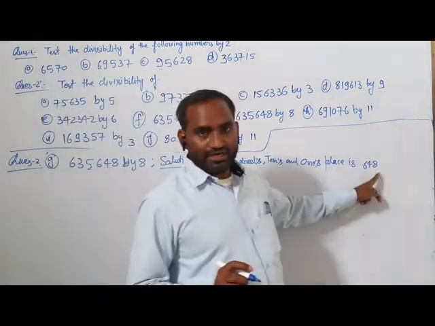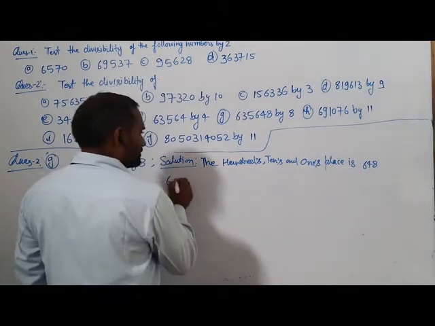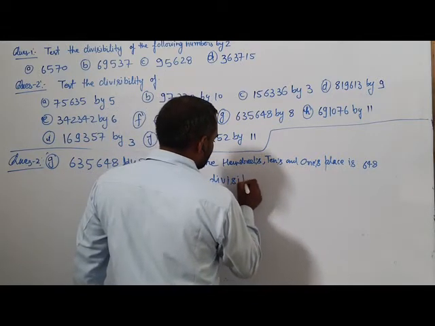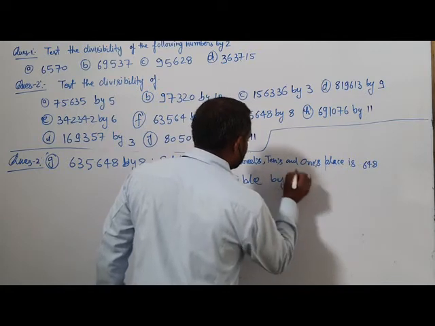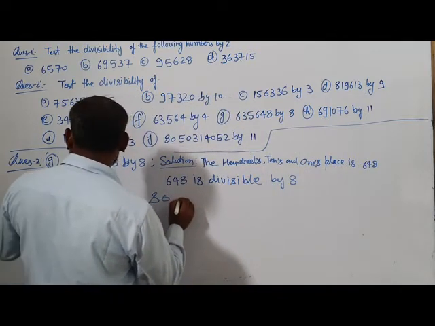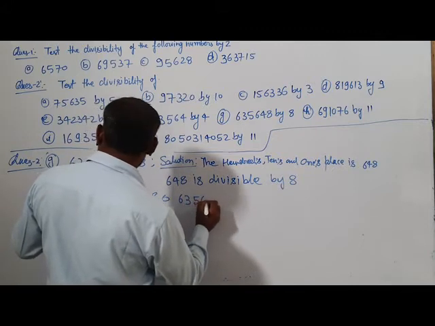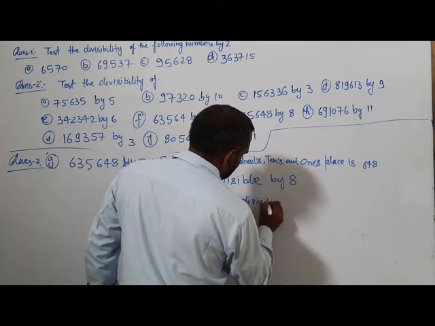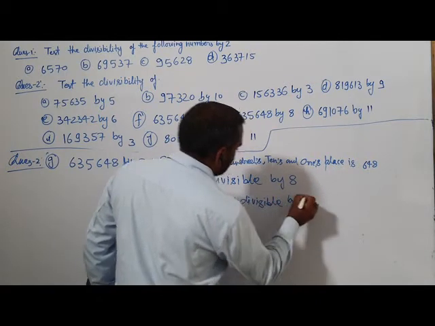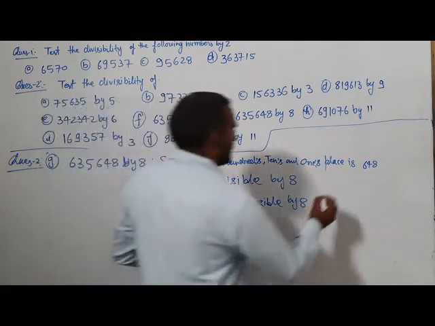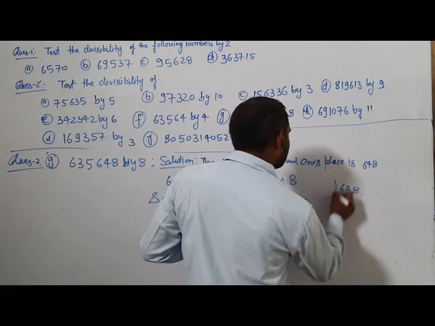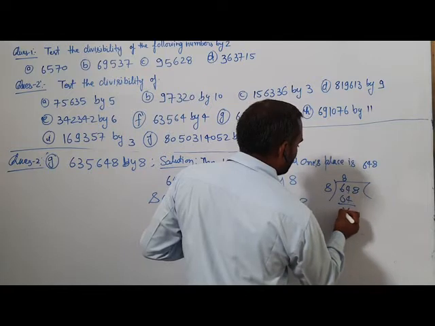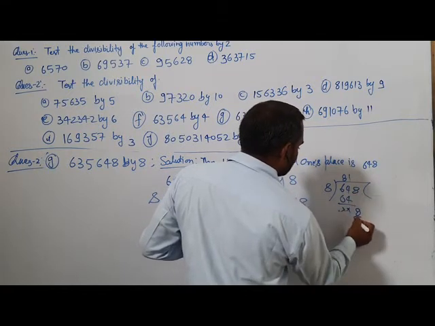Test the divisibility of 8. 8 eights are 64, 8 ones are 8. 648 is divisible by 8. So 6 3 5 6 4 8 is divisible by 8. These last three digits 648 are divisible by 8: 8 eights are 64, 8 ones are 8.